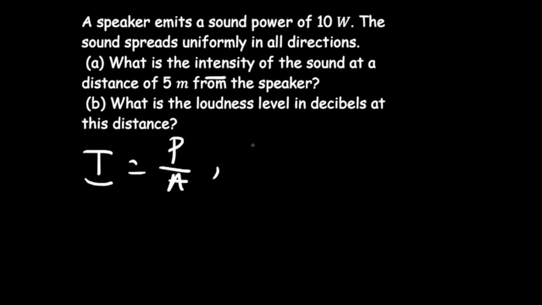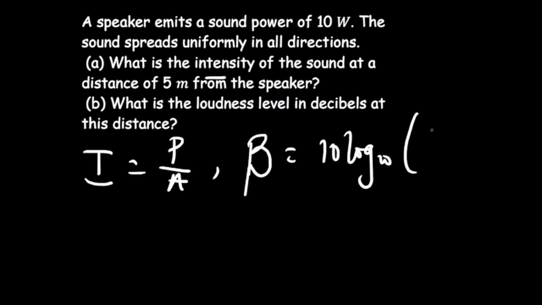And the next one is the loudness level, which is the decibel, equal to 10 log base 10 multiplied by the sound intensity over the threshold of human hearing. All right, these are the two formulas that we need to know.